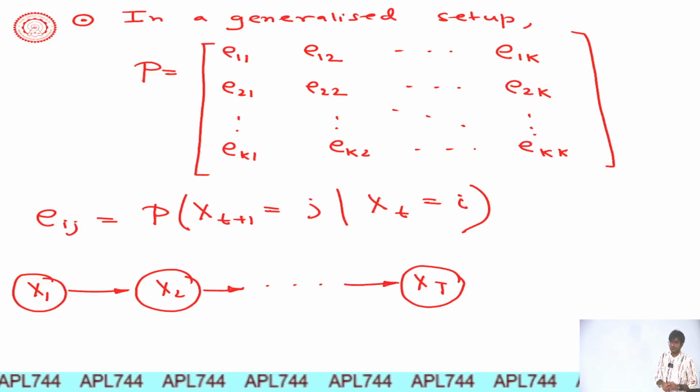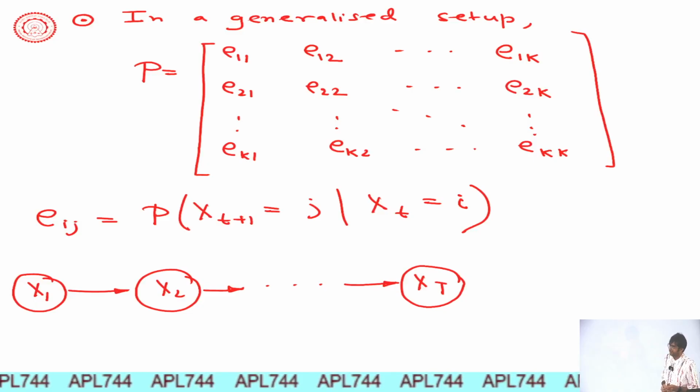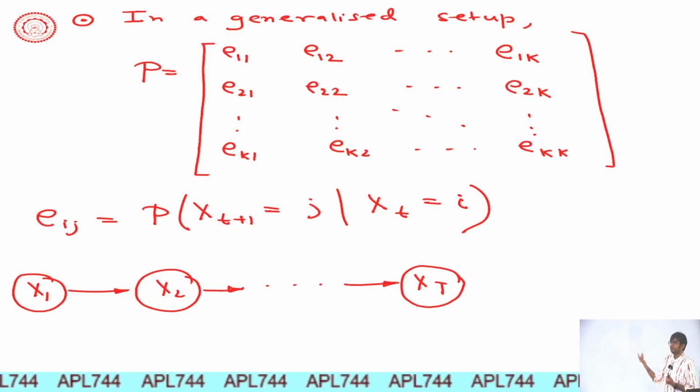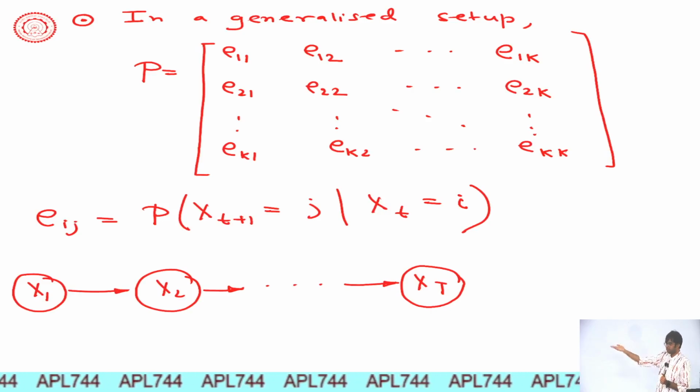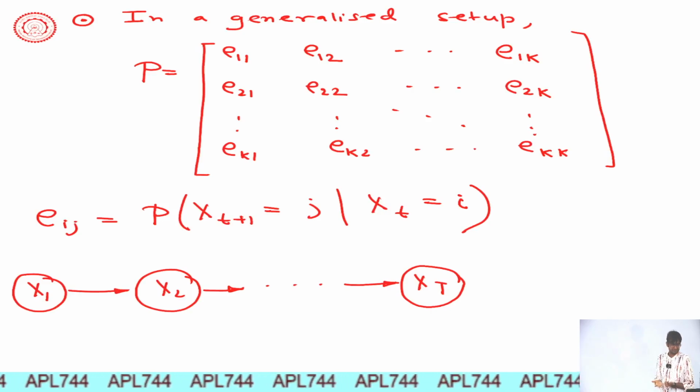Okay. What does it mean? It means that the probability of xt is only dependent on xt minus 1. The probability of x2 is only dependent on x1.